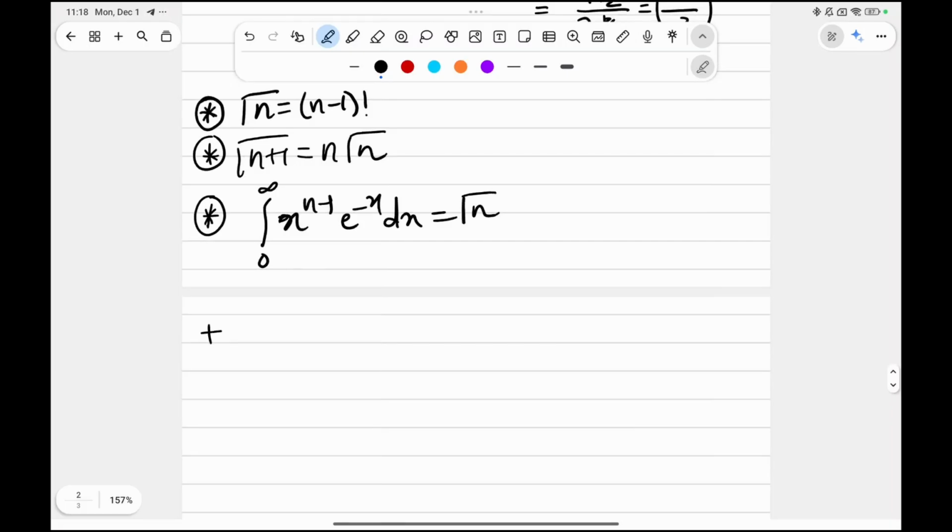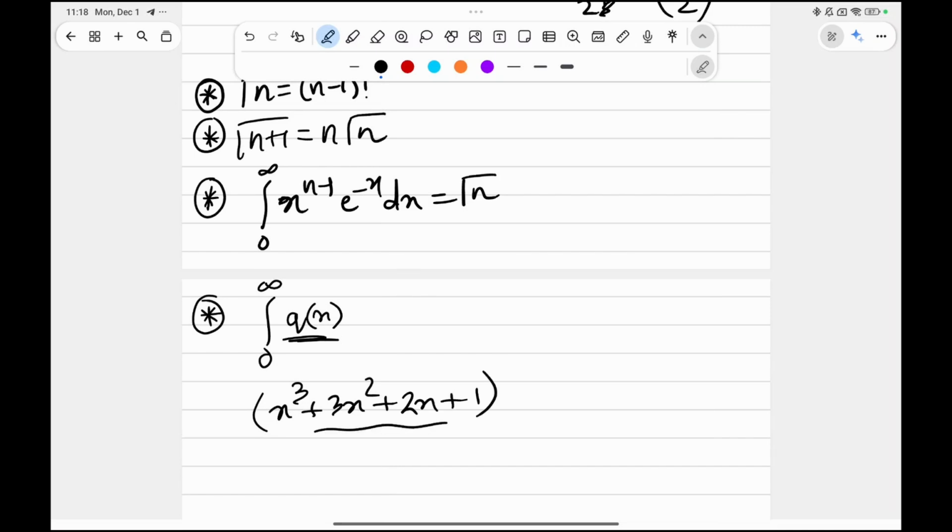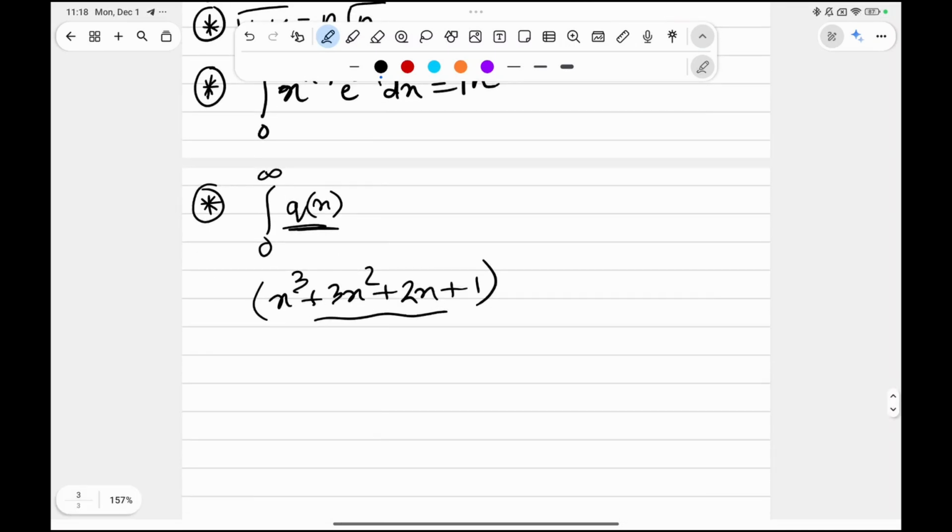Then for solving general equations, we may get e to the power of minus any f of x, but this should be a single unit. If it's a polynomial like x cube plus 3x square plus 2x plus 1, a cubic equation, we can solve this too.